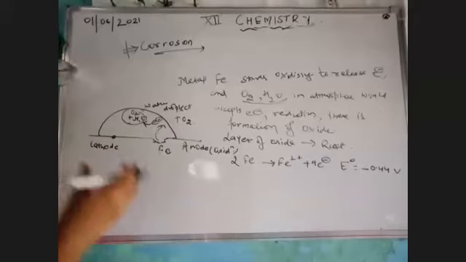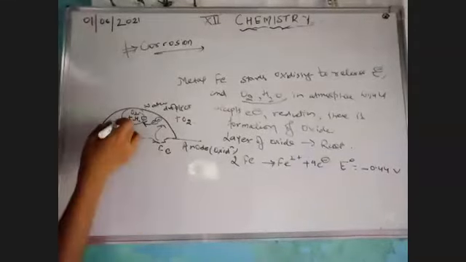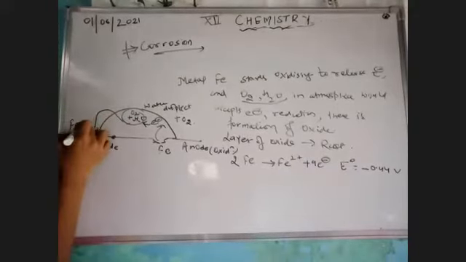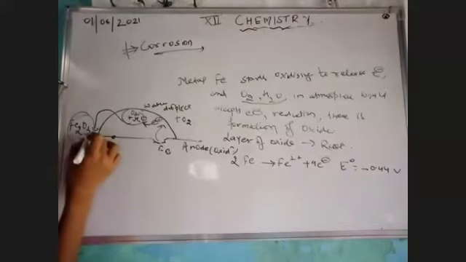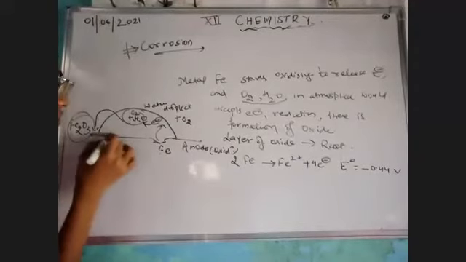They are accepting electrons, and since they are accepting oxygen and water, they would make an oxide known to be Fe2O3. This ferric oxide becomes like a rust on the metallic surface.